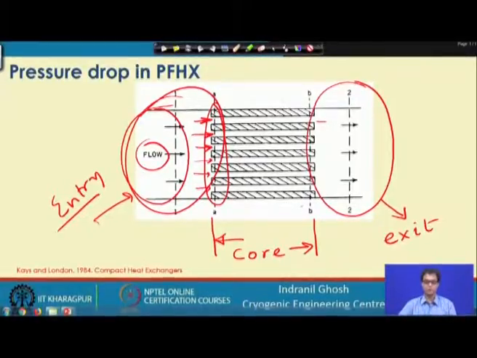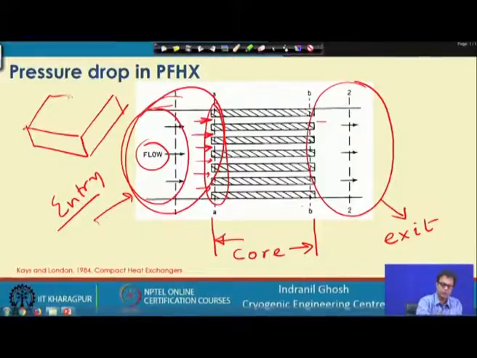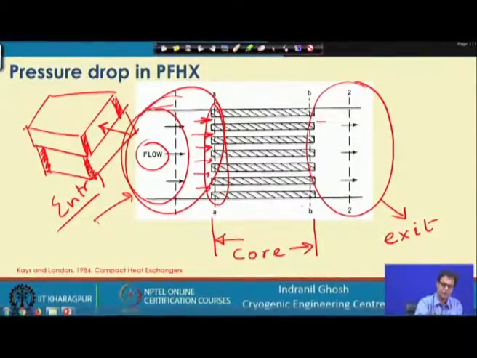You may remember that when we talked about the construction of the plate fin type heat exchanger, we have alternate hot and cold fluid layers. Looking at the 3D view of a cross flow plate fin exchanger, this is the sidebar for this fluid flow, and similarly on this side, this is the sidebar.